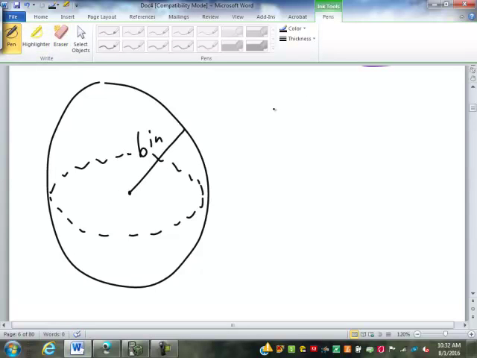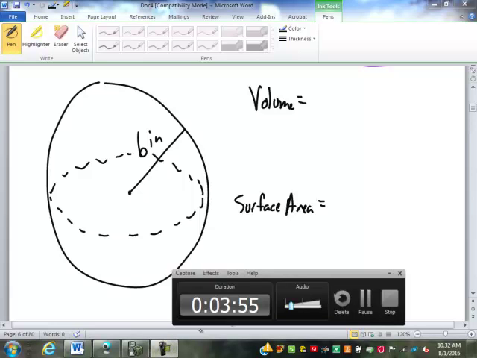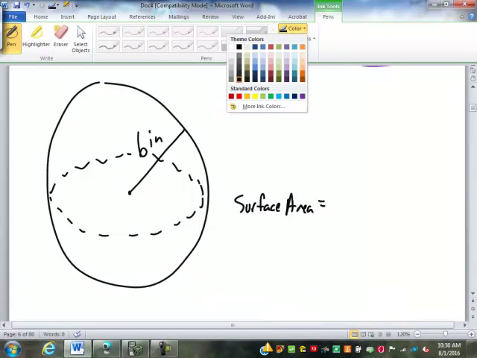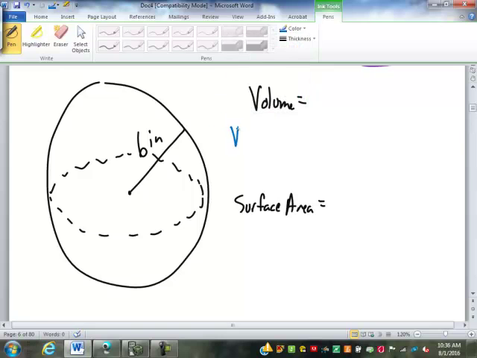So we have a sphere with a radius of 6 inches. Find the volume and the surface area. The volume is found by doing 4/3 times pi times the radius cubed.